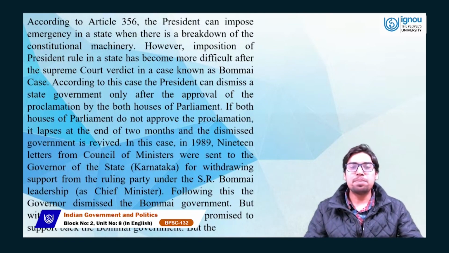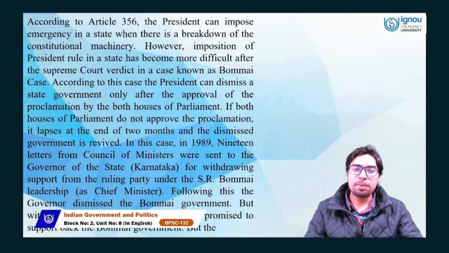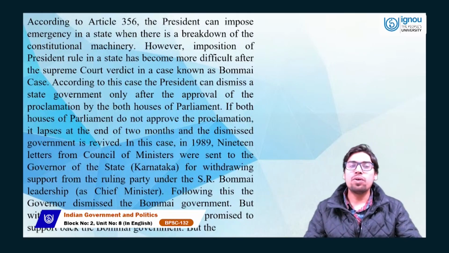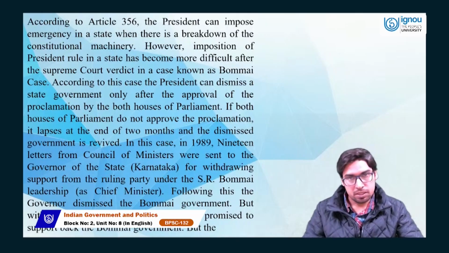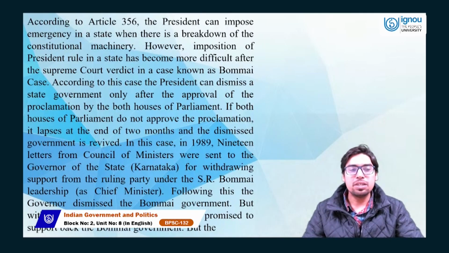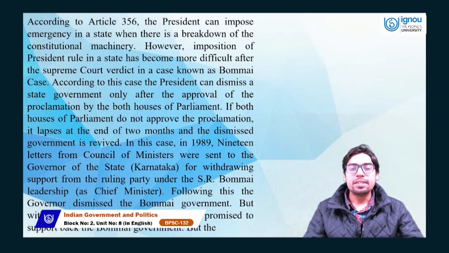According to this case, the President can dismiss a state government only after the approval of the proclamation by both houses of Parliament. If both houses of Parliament do not approve the proclamation, it lapses at the end of 2 months and the dismissed government is revived.